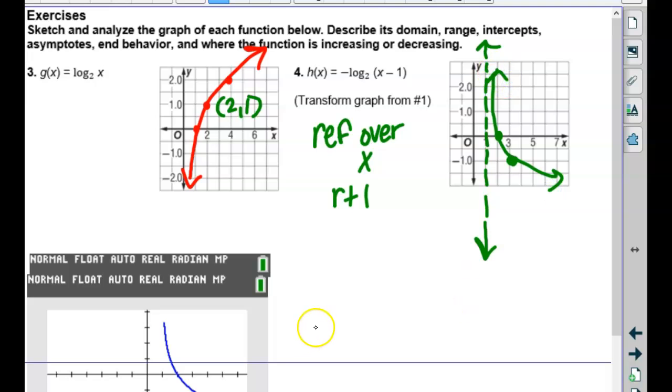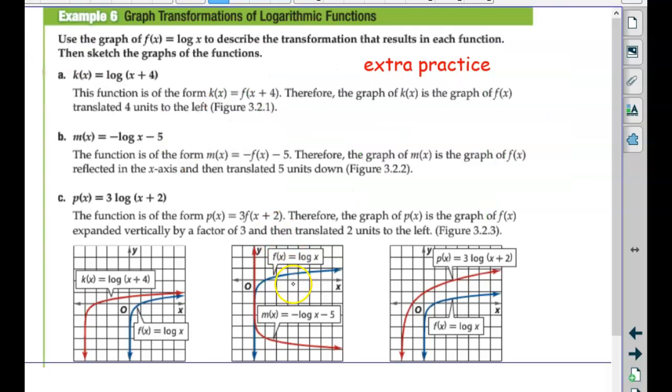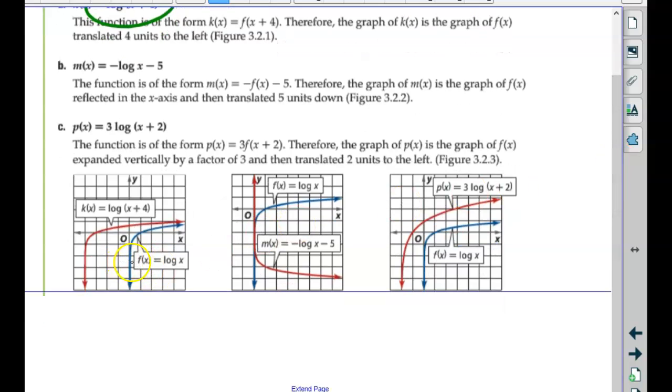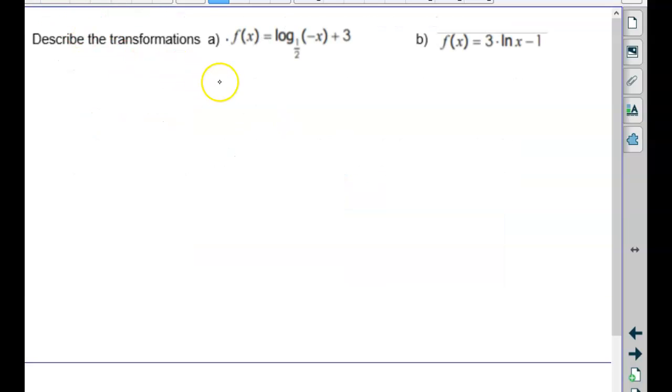All right. I'm not going to make you graph transformed ones. You may have to do them on Delta Math, but you can use your calculator, okay? You can use the table to find points. Here are some more. This is a straight up left 4. See how it just moves the asymptote? Okay, this one is a stretch, so it changes, and then left 2 went up a little faster. All right, can anybody tell me these?